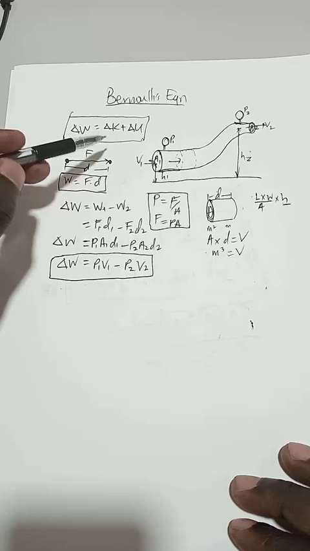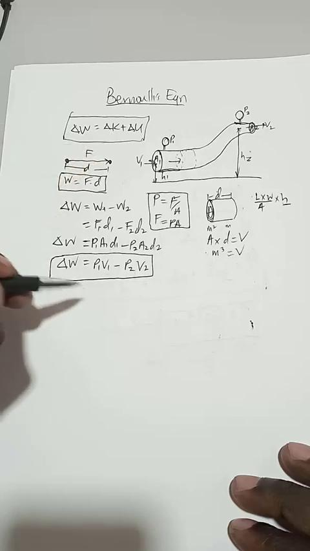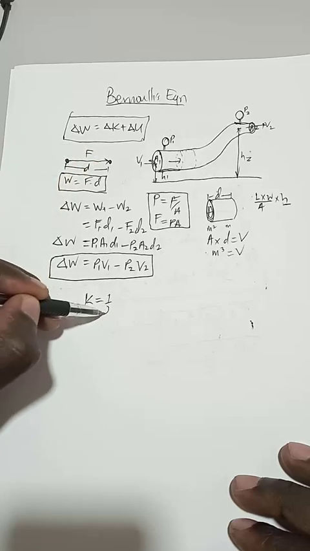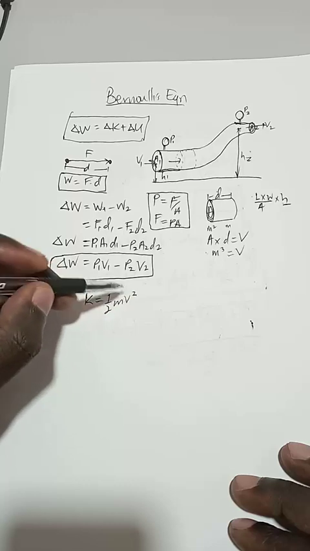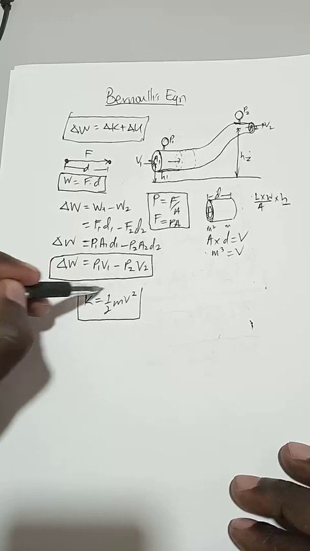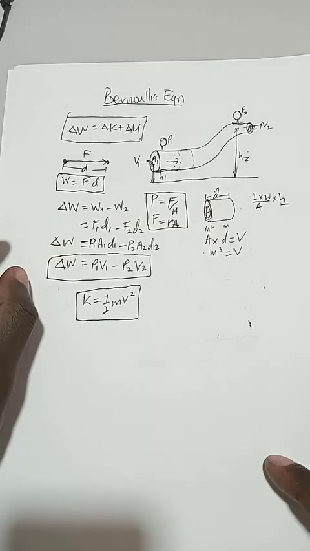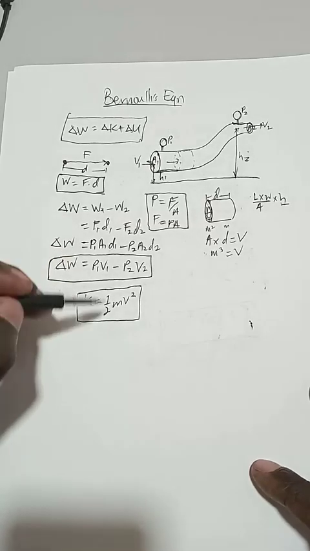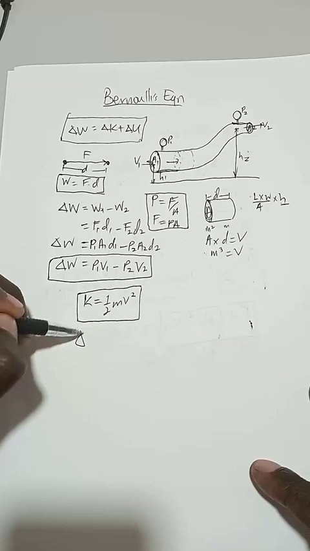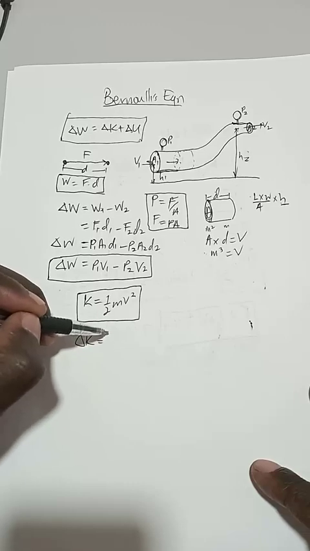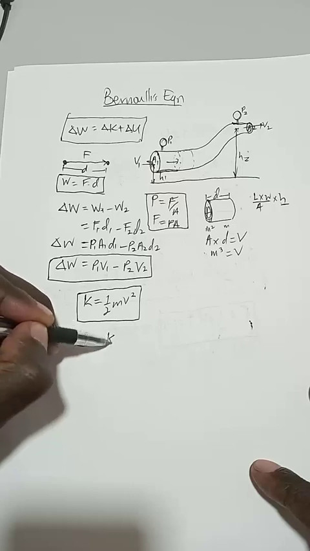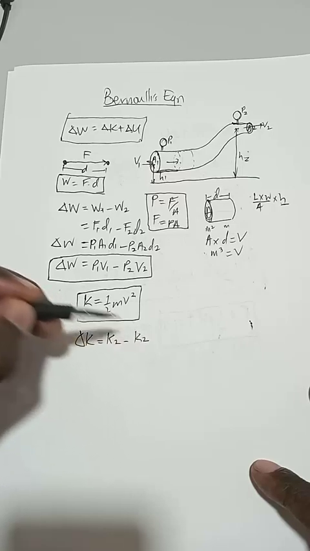Now we come to the second part, kinetic energy. Kinetic energy is given as half mv squared, half of the mass times the speed of the object, or in this case the fluid. So now we can talk about the change in kinetic energy, which is final kinetic minus initial kinetic.